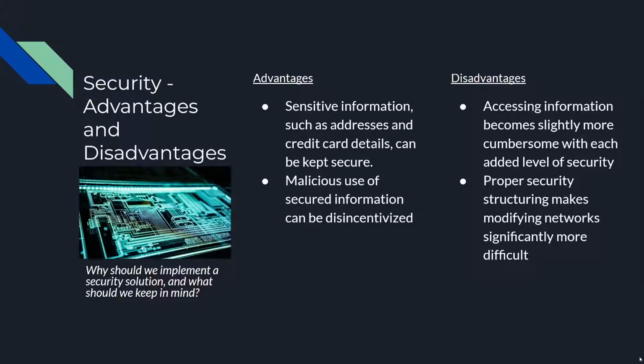The disadvantages of having a significant amount of security, however, is that each layer of security makes accessing this information a little bit more cumbersome, and structuring this security makes things more difficult to modify in the future.